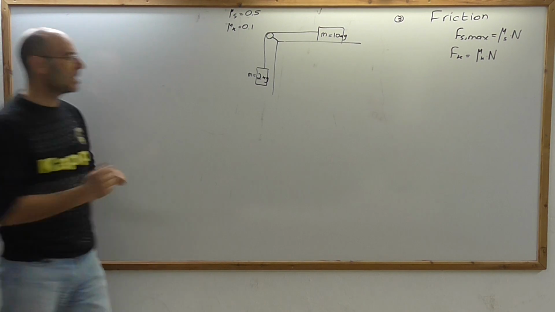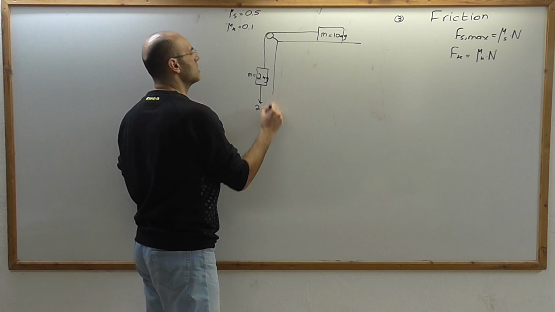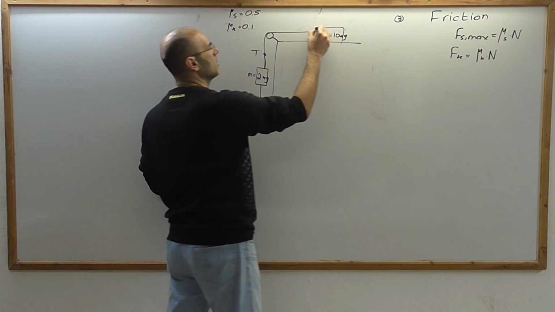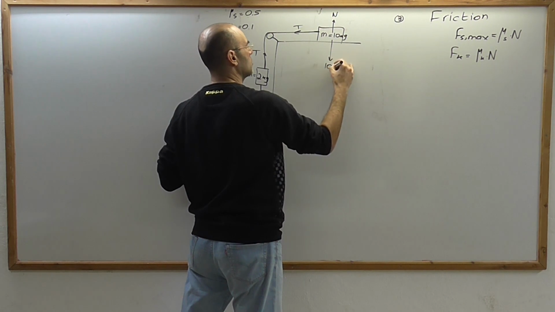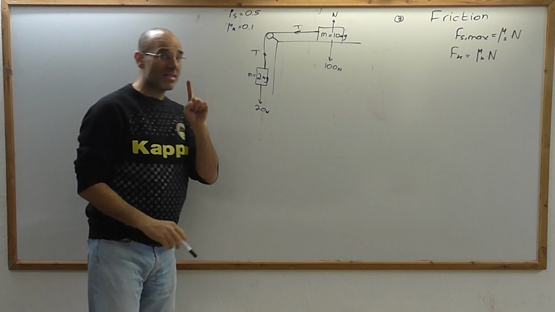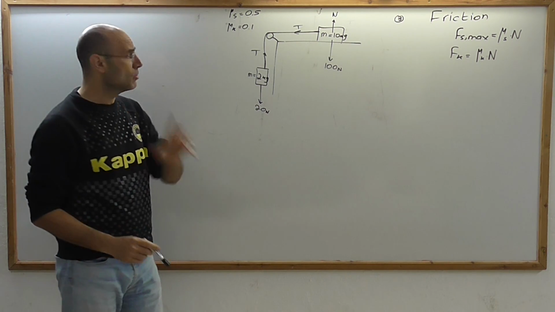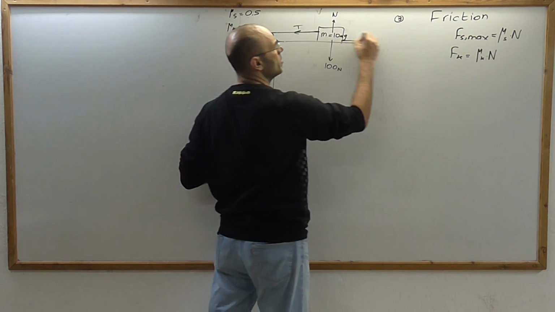First of all, we apply forces without the friction. So, 20 newtons here, T there, T, and 100 newtons. Now we apply the friction force. We see the tendency first of this system to move. This system wants to move that way, so obviously the friction will be here.